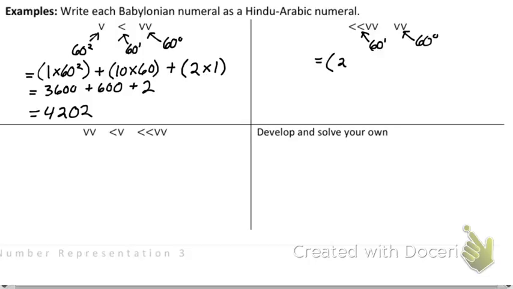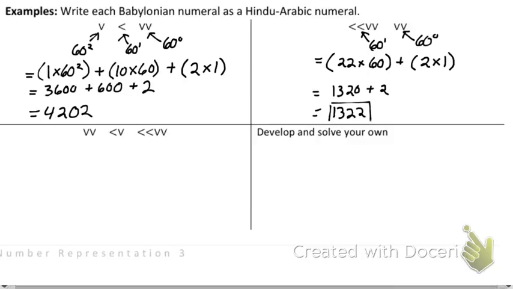I have 22 times 60 to the 1st, or times 60. And then we're going to add 2 V's is 2 times 60 to the 0th, which is 1. And we're going to come up with 1320 plus 2, which is going to equal 1322.